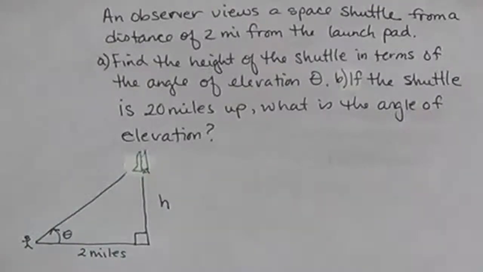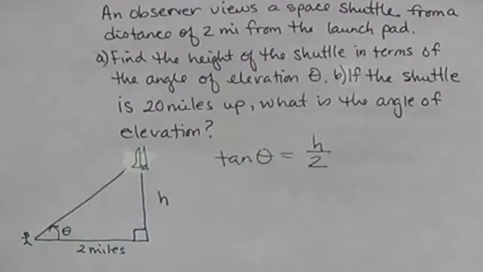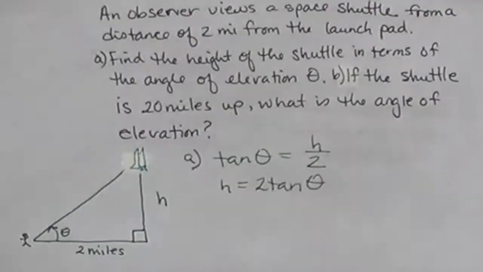Here, if we use tangent, we can say that the height divided by the 2 miles gives us the tangent of the angle. So to put this in terms of theta, our height is just going to be 2 times tangent of theta. And there's our solution for part A.